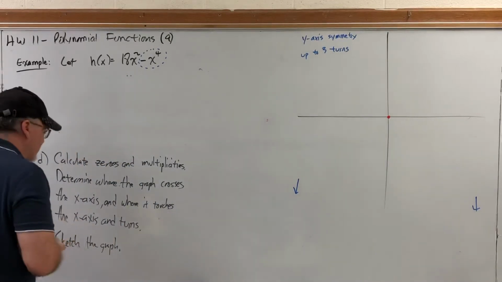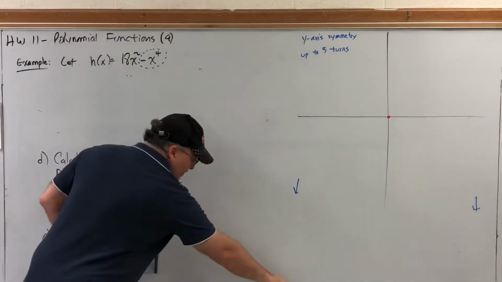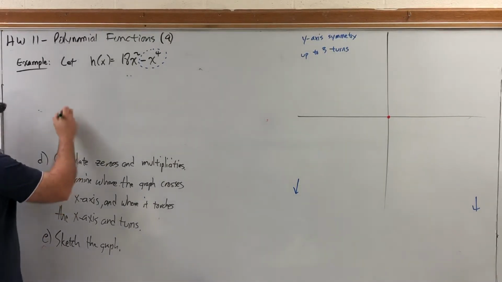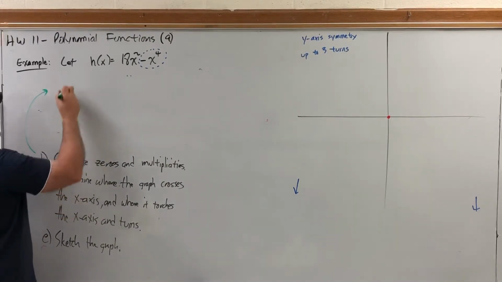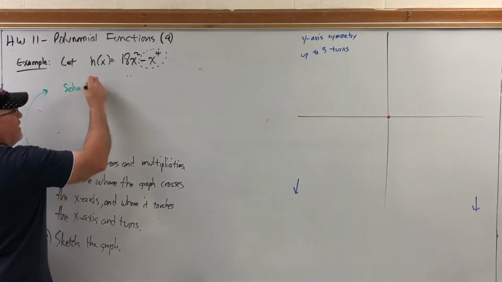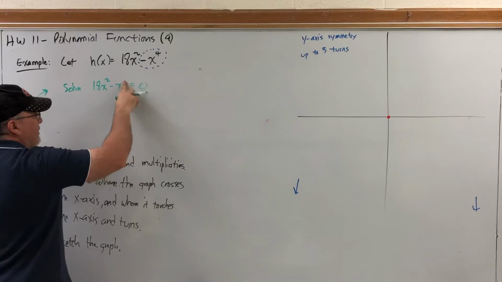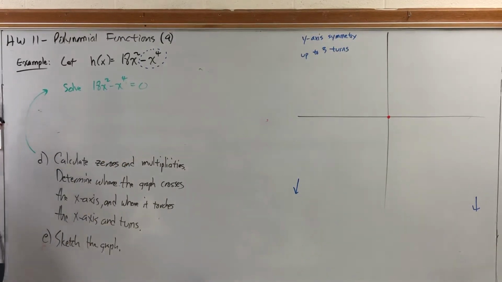All right, let's calculate the zeros and their multiplicities. Remember, a zero is just a solution to the function equal to 0. So in order to do this, we need to solve 18x squared minus x to the 4th equal to 0. Now, this is not a quadratic equation. If you're on your A plus game, you might recognize that it's quadratic-like.